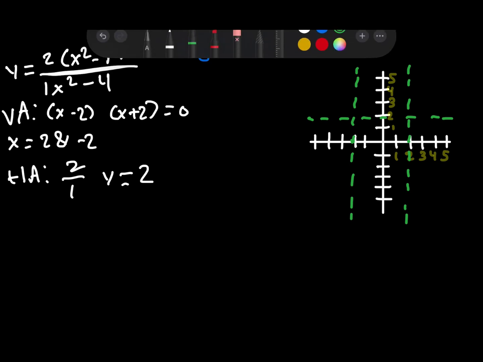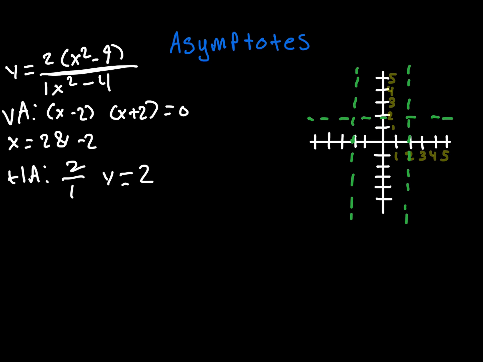Now let's move on to our x and y intercepts. For the x-intercept, we have to make y turn into 0. So this looks like 0 equals, and again, we only have to focus on the numerator. We could first factor it, so this would look like 2 times x plus 3 and x minus 3. And then again, we have to think about what plugged into x would output 0.